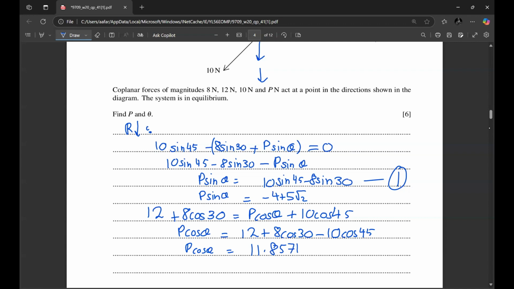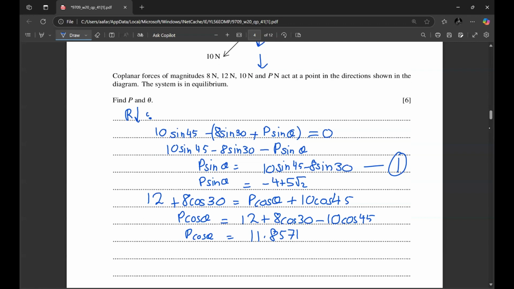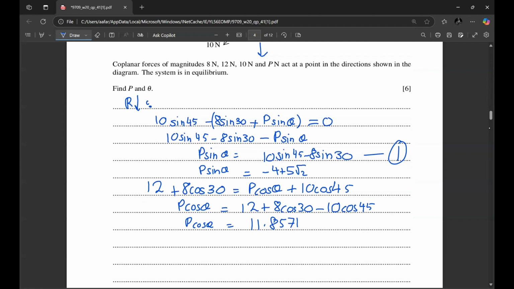11.8571. It's basically a lot bigger than that, but since it's not a fixed value, always take the values in calculations which you are going to use to 4 decimal places. That gives you appropriate accuracy in the final answer. From here, we can say that P is equal to 11.8571 over cos theta.